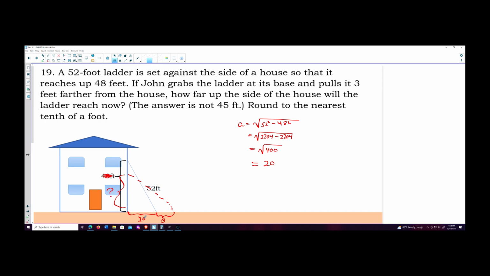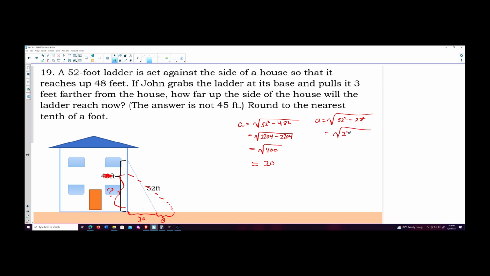So that remains constant. So I'm going to use this exact same formula. A is equal to the square root of 52 squared, but this time minus 23 squared. Once I have that, I will have found my answer.